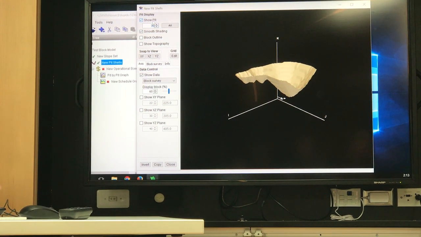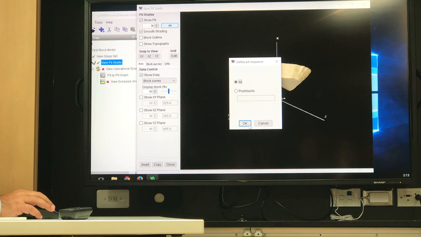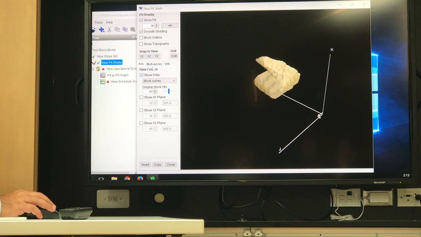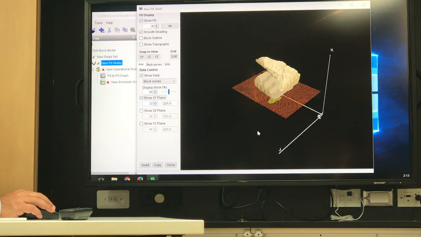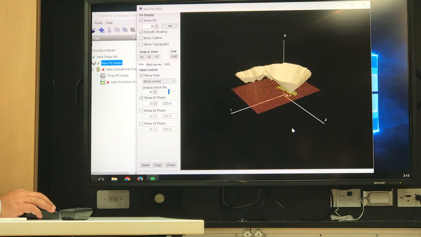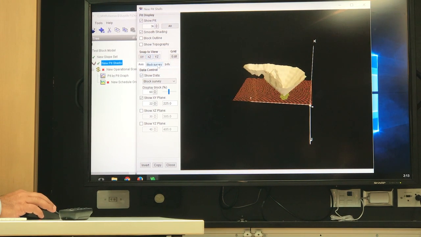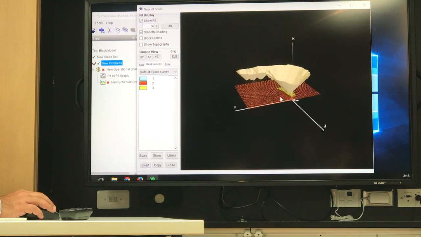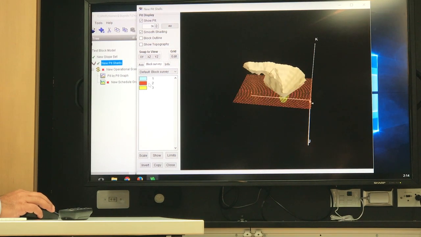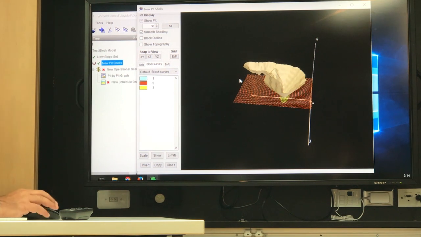So let's go back to 36. Now we can visualize the different information here. For example, this is the block survey. If I look at the XY section, all this brown, if I look at the legend, is the waste, yellow is the mineralized rock, and the blue is something on top, which I don't see at this stage.